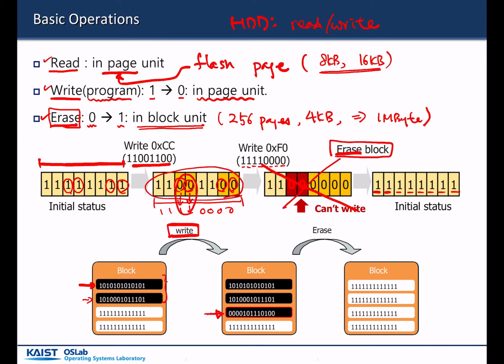And the operation of erase is to make the entire block clean and set it to the initial phase, like this. So this is write, and this is erase. Remember, in flash memory, you cannot overwrite because it takes lots and lots of time to transform a value 0 to 1. So to do that, you first have to erase the entire block to write some pages.